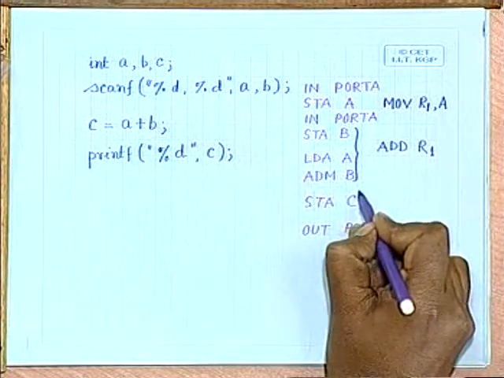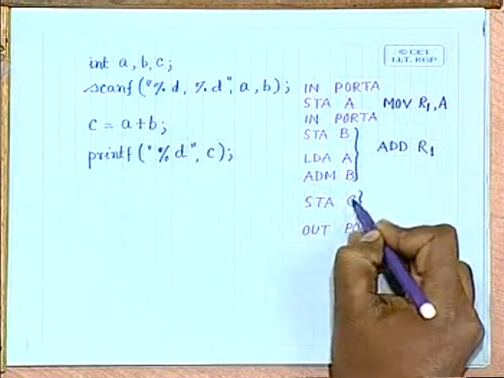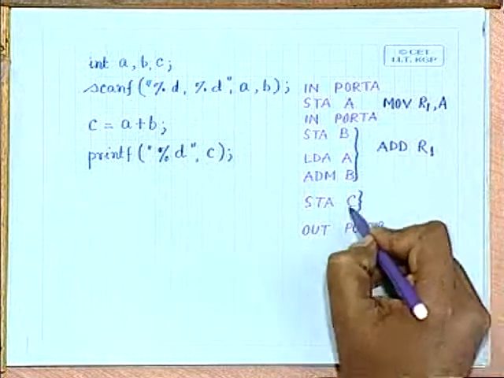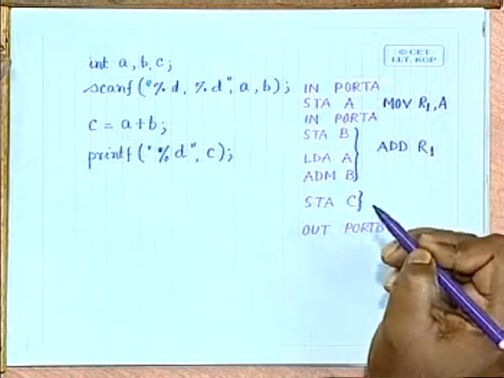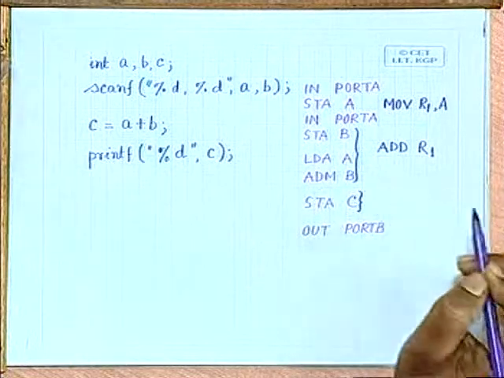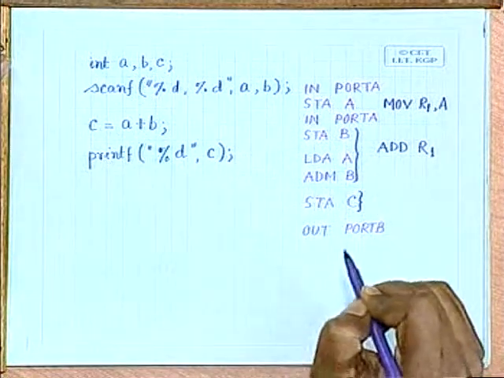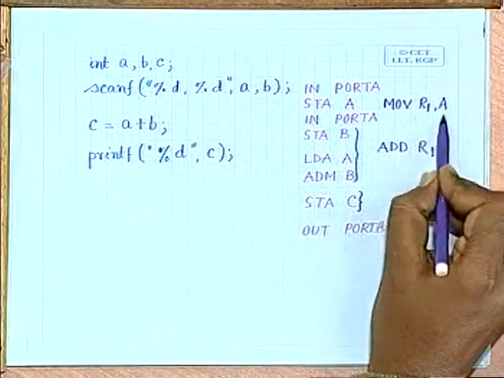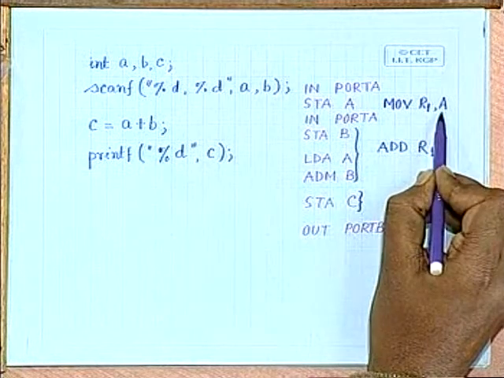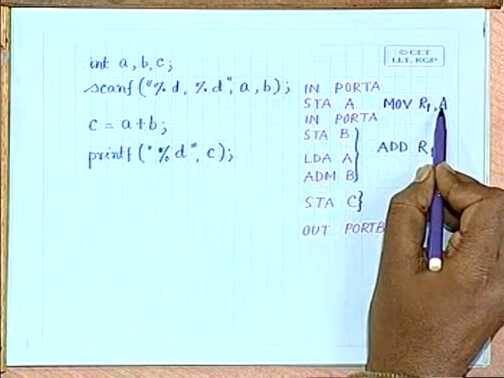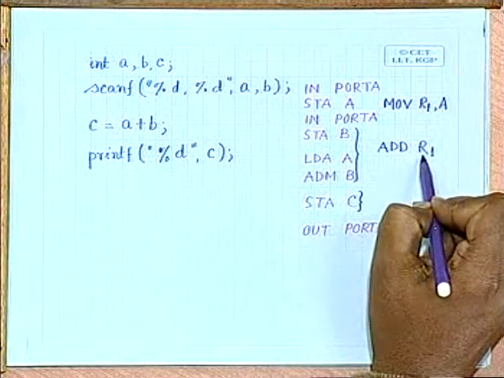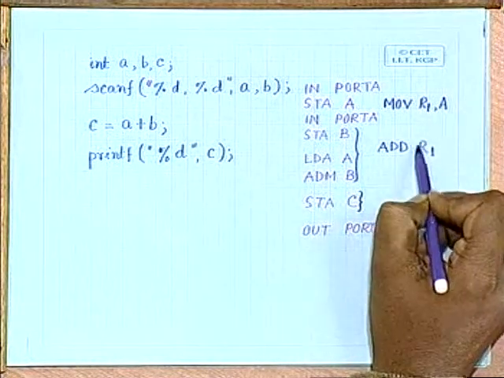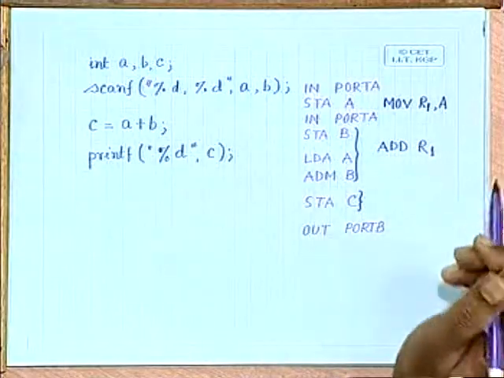So, this STAC, which of course in the previous case also was not necessary, here also it is not necessary until and unless we want to use the value of C for some other purpose. So, here you find that instead of having a single register called accumulator, if I have more than one register, in that case the program can be executed in a more efficient manner.